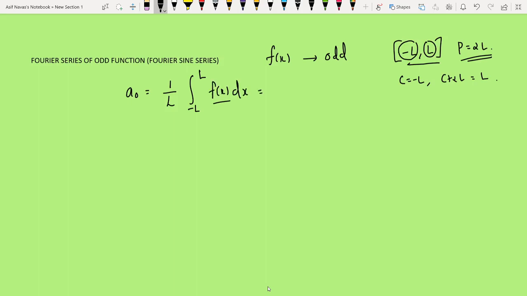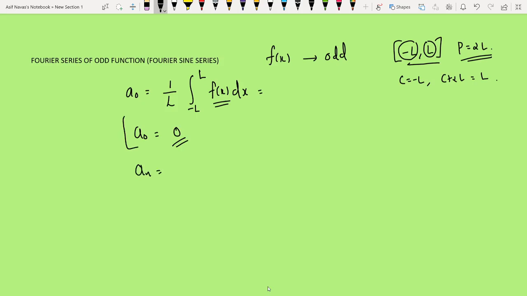So if f of x is odd, then what can you tell about A naught? If it is odd, what will be this integral from minus L to L? 0. So what about an?